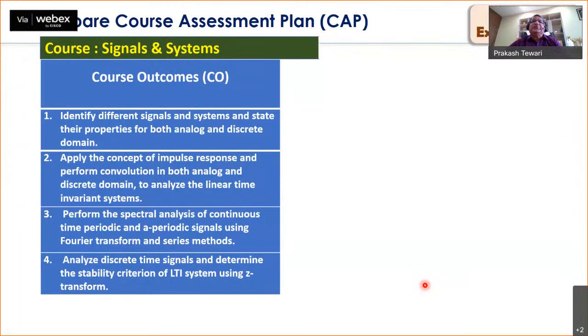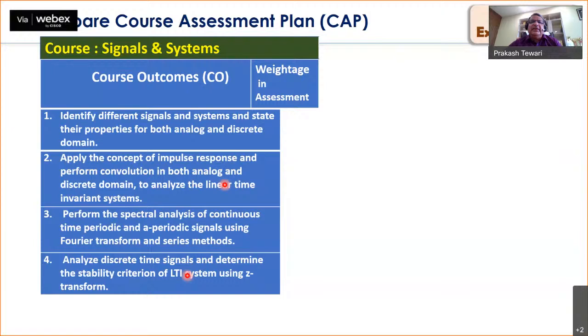Then how does this course assessment plan look? Here I have taken one example from E&C, Signals and Systems. Even though the teacher had written 6 COs, I will drop 2 and take 4 only, so that readability will be better. Otherwise, there is no point in putting all the 6 in very small letters. So first, whatever COs you have written, list them in the first column.